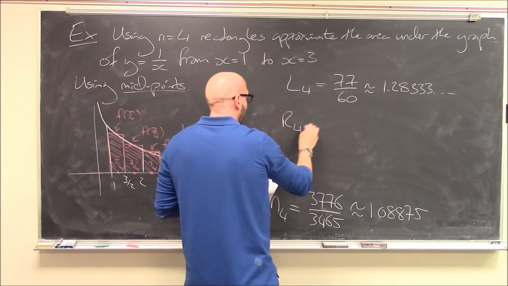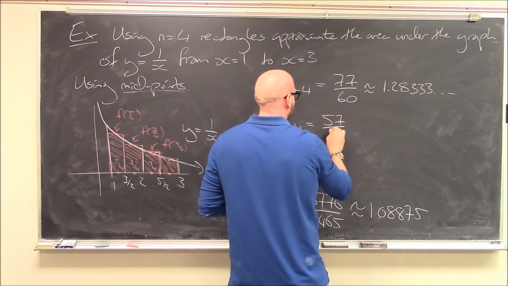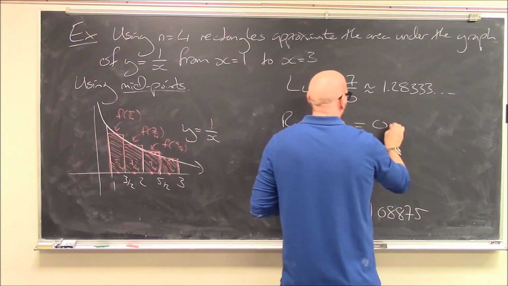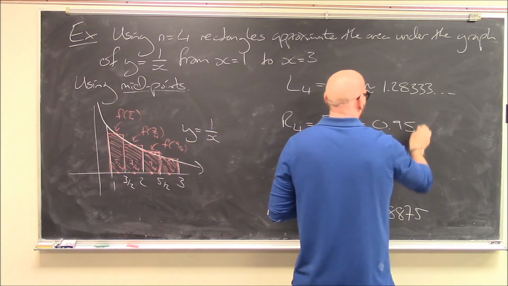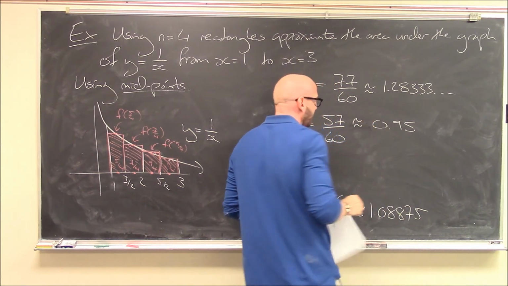And if you use right-hand endpoints, I get 57 over 60, which is 0.95. There's no way that's right. We'll say it's approximately equal to 0.95.